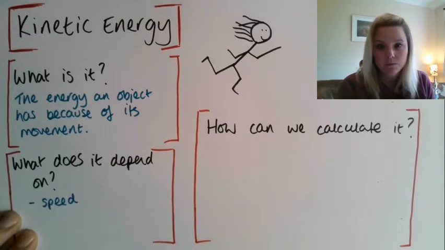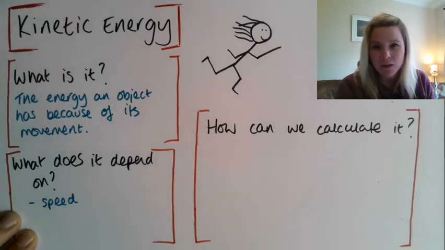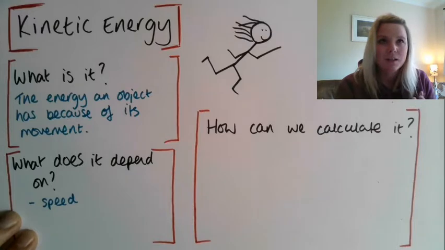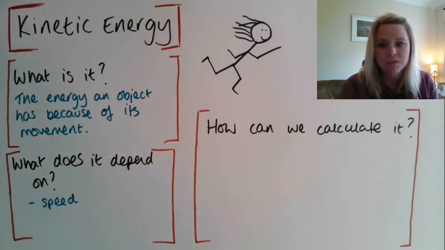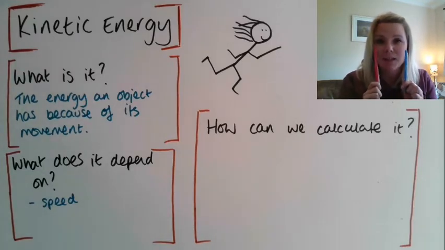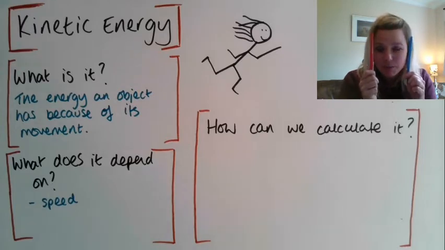Okay, so make sure you write that in. But the other thing, I don't know if it is quite as obvious, the other thing that it depends on is the object's mass. If you had two objects, if they're both traveling at the same speed, they're going to contain the same amount of energy.